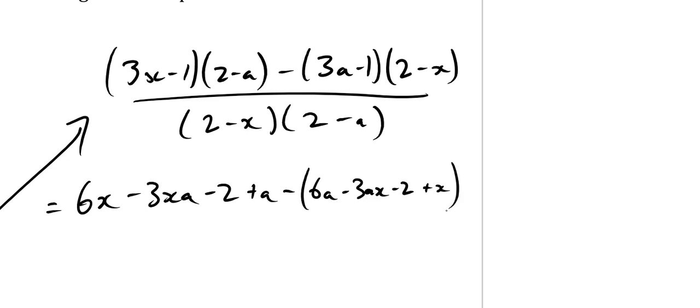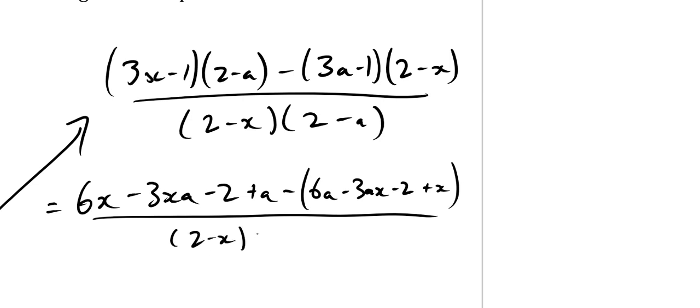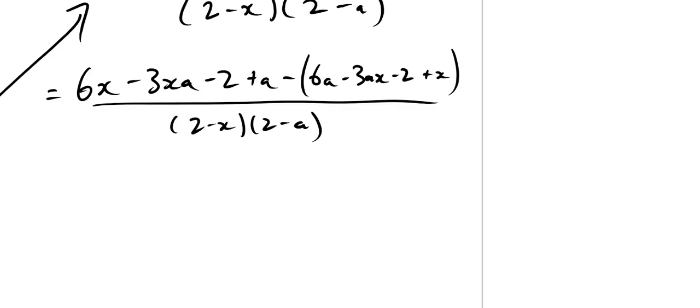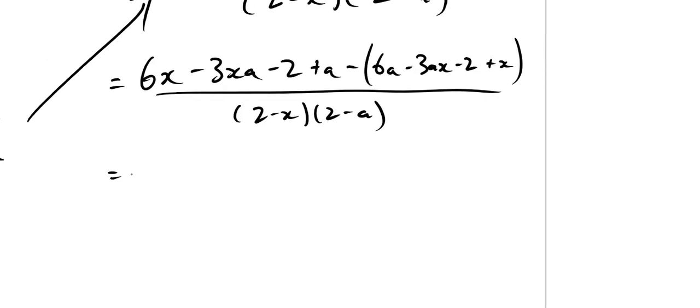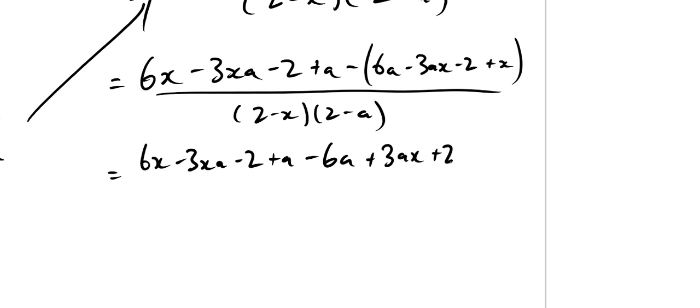Okay? We good? All over 2 minus x, 2 minus a, which equals 6x minus 3xa minus 2 plus a minus 6a plus 3ax plus 2 minus x.